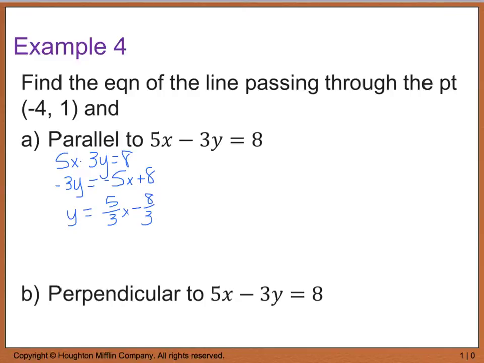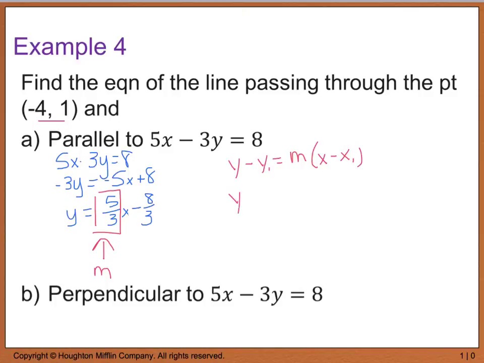Okay, so now what I've just discovered is I have a slope of 5/3, and because it's parallel, I know that my slope has to be the same. I was given a point, so I'm going to use point-slope form, which says y minus y1 equals m times the quantity of x minus x1.